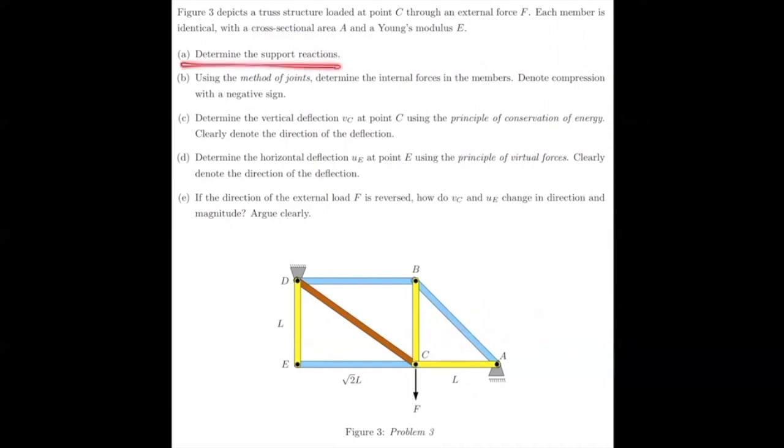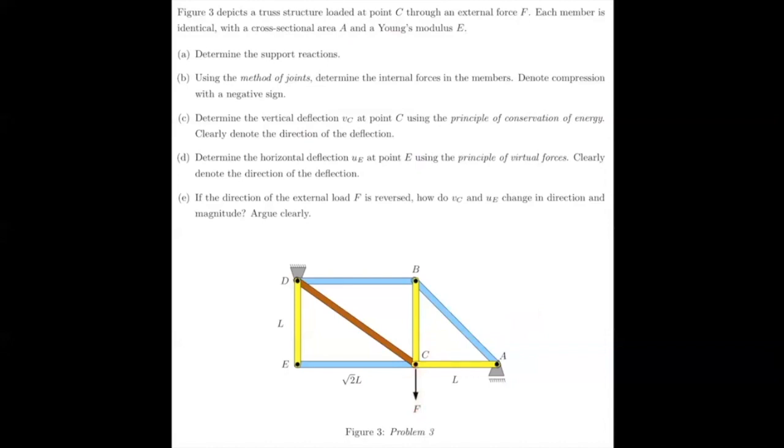Determine the support reactions. Using the method of joints, determine the internal forces in members and then indicate if they are compression or tension. Determine the vertical deflection at point C. Now, this is very nice because if we want the vertical deflection at point C, we actually have a force applied at point C in the vertical direction.